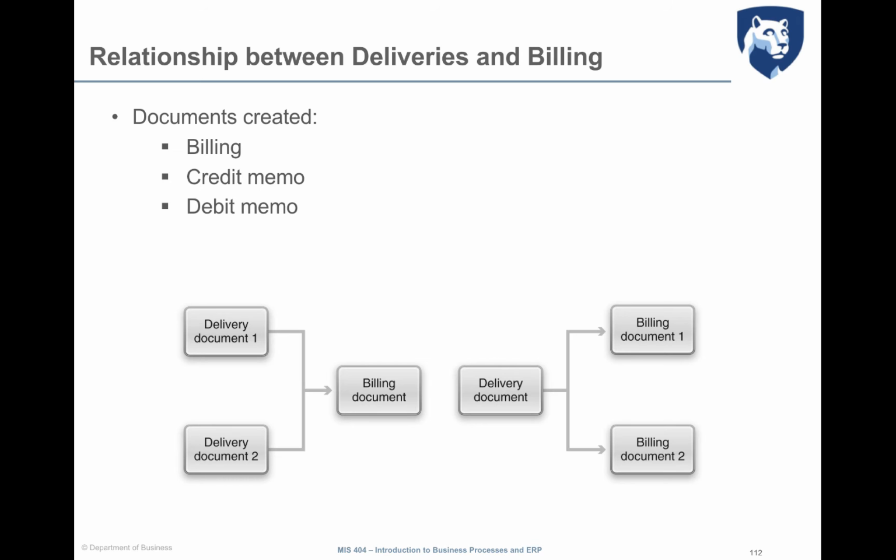Instead, the company uses a debit memo when the customer was undercharged in the original invoice, and a debit memo increases the amount owed by the customer. So the main document created is the invoice, but you can also have a credit or debit document in case the invoice is not correct, or there is some return issue from the customer.